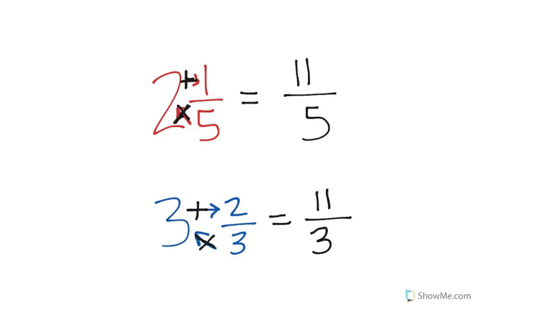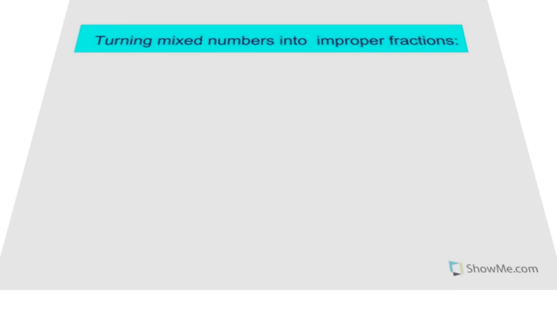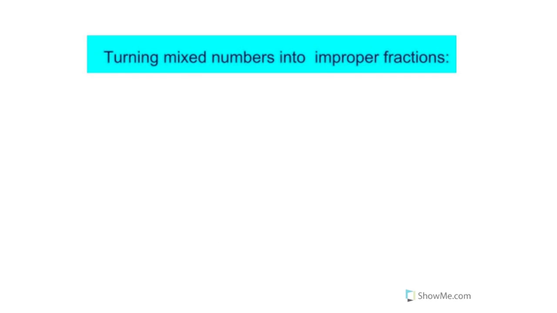All right, let's try 7 1/4. All right, we are going to go this way and then this way. Notice how it makes the operation. 4 times 7 is 28. 28 plus 1 is 29. Denominator stays the same.